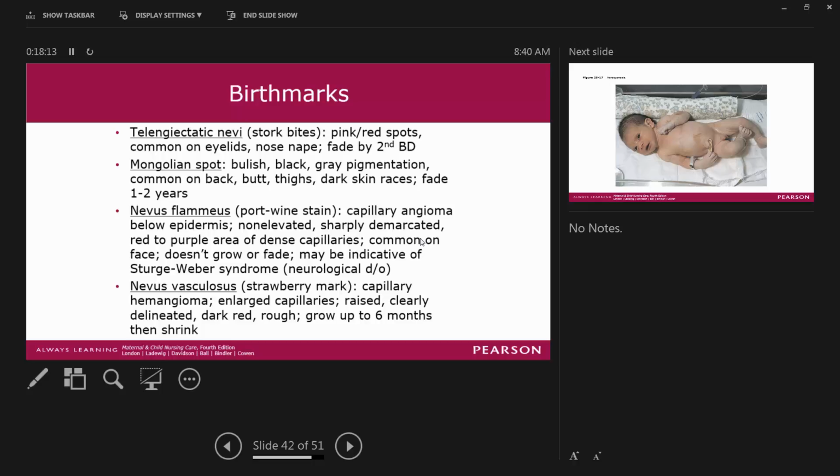They can get quite big. Usually they eventually dissipate, they shrink down, and sometimes go away completely. Sometimes there's just a little mark there, like a flat freckle. It takes quite a while, up to 6 months or a year. It doesn't really mean anything significant as far as baby's health is concerned.